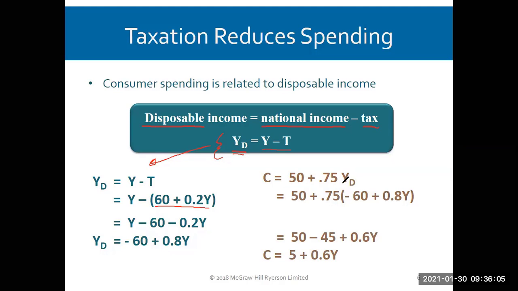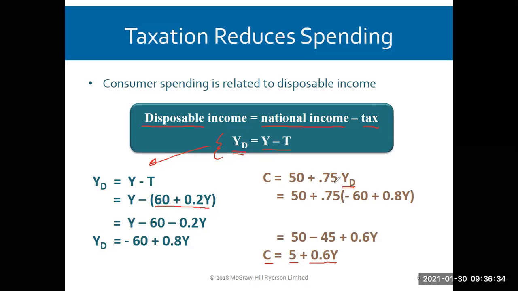But now we know we have to consume out of disposable income, right? After-tax income. So 50 plus 0.75 times (minus 60 plus 0.8y). That's our disposable income. So when we work through and solve for it, we end up solving for consumption, and it's 5 plus 0.6y.